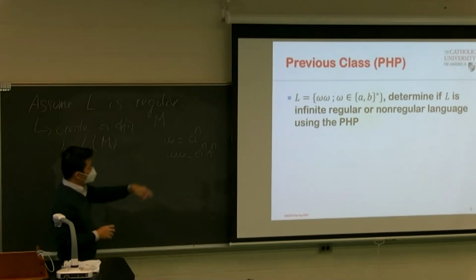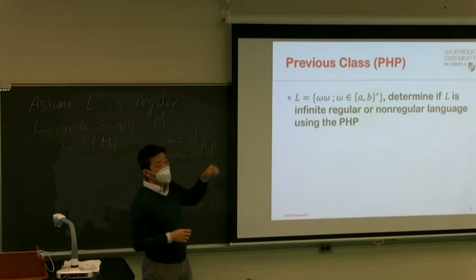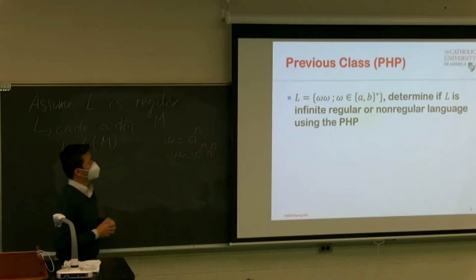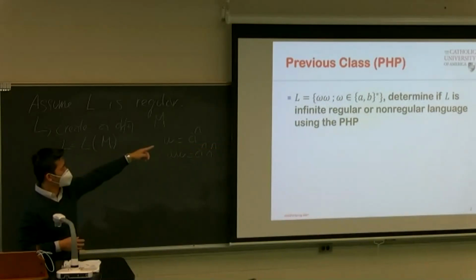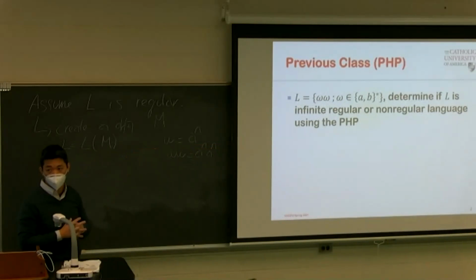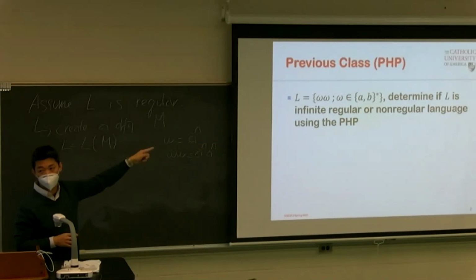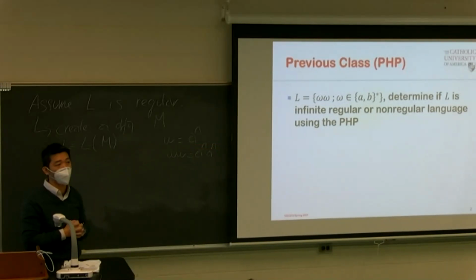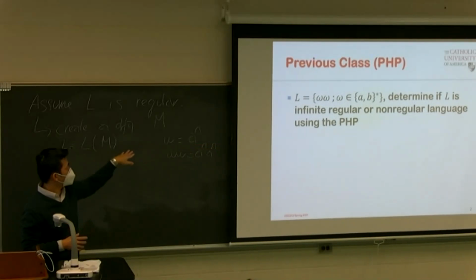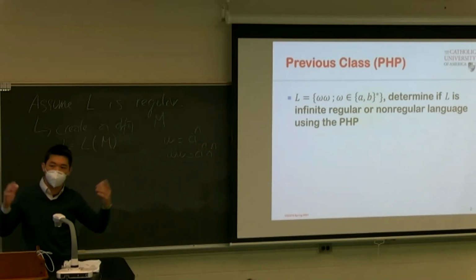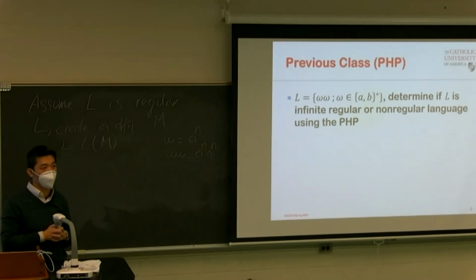And remember, this only works when the alphabet has only one symbol, A. This language should also be able to accept W's of the other flavor. So when we pick W, it has to have both flavors. This only shows one flavor.